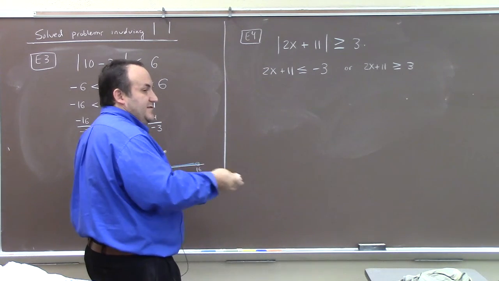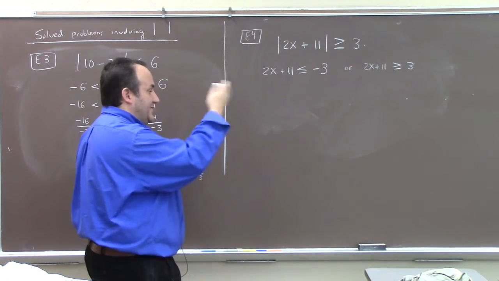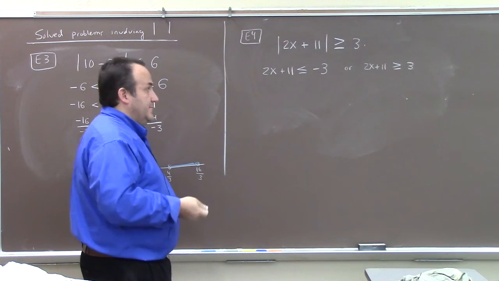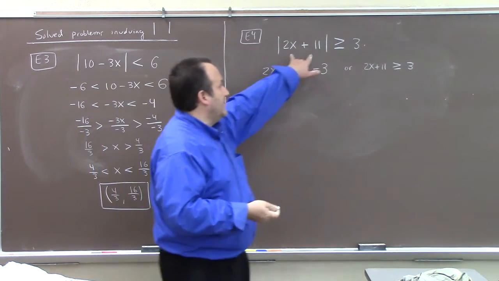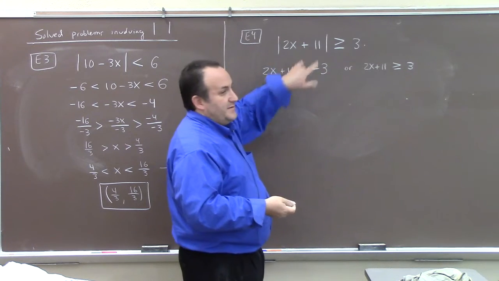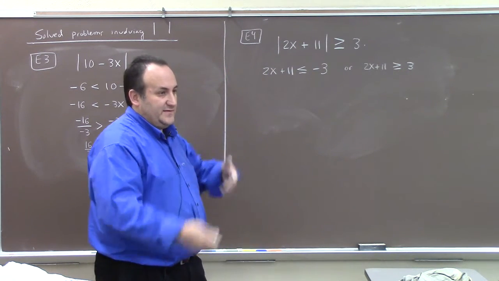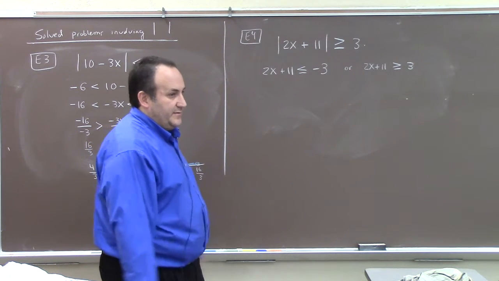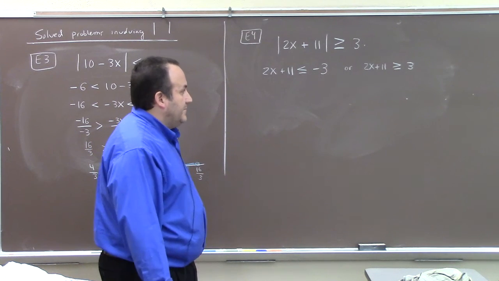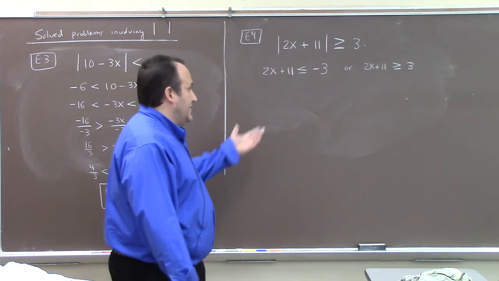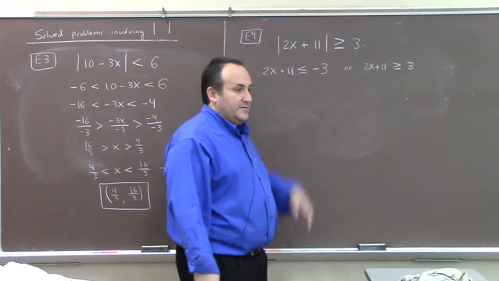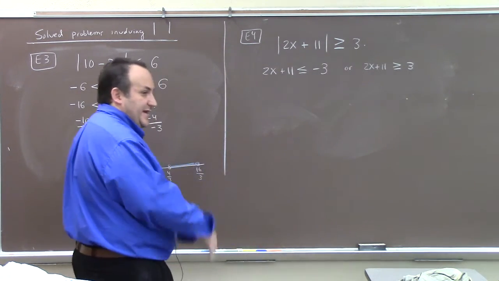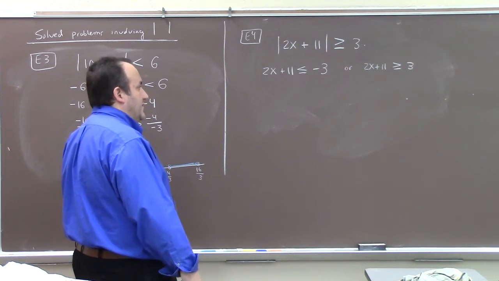Those are the 2 ways we can satisfy that absolute value inequality, either by making whatever goes in here a negative number with magnitude larger than or equal to 3, or we can just straight up make it a number which is larger than or equal to 3, whatever x makes that happen.